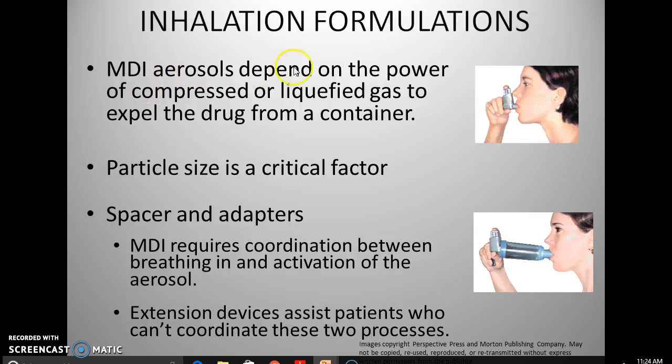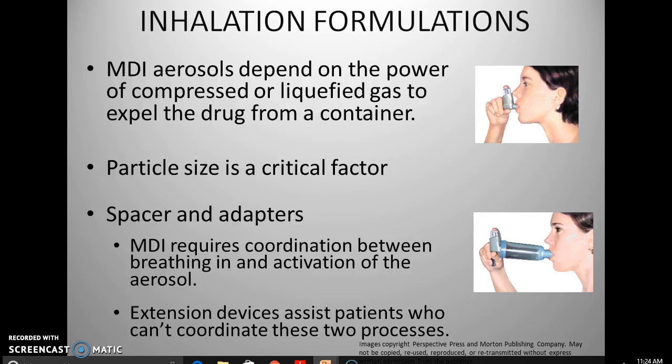MDI aerosols depend on the power of compressed or liquefied gas to expel the drug from the container. You press down, and you have an expulsion of the drug into the mouth. Particle size is very important, and a smaller size is the best size for this type of formulation.